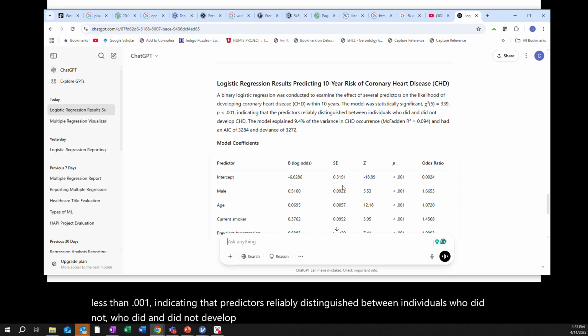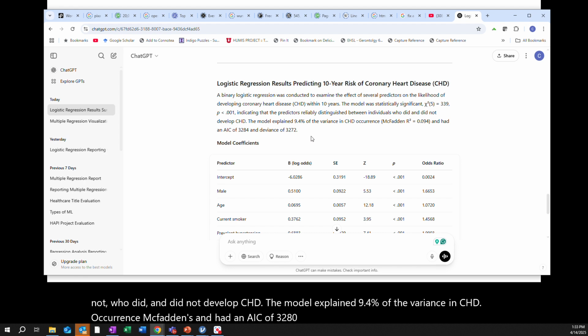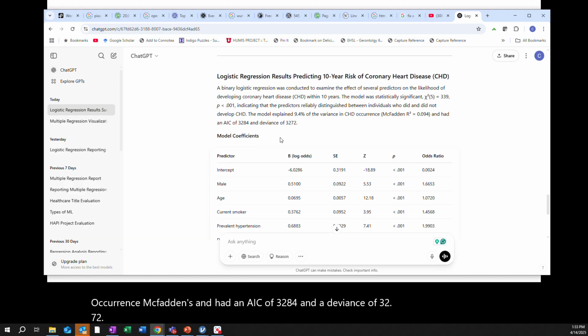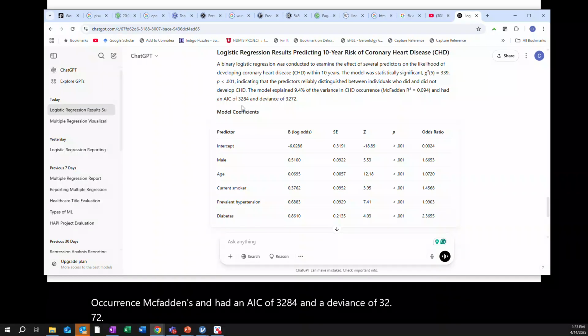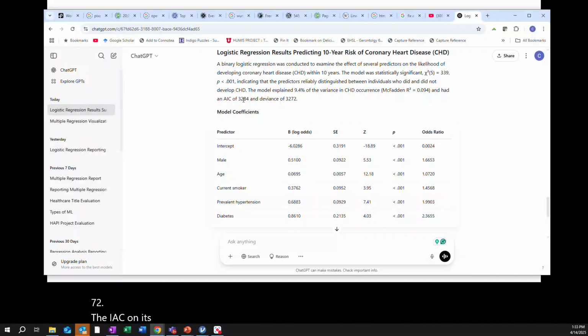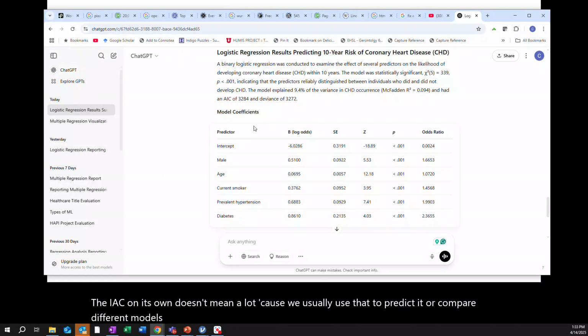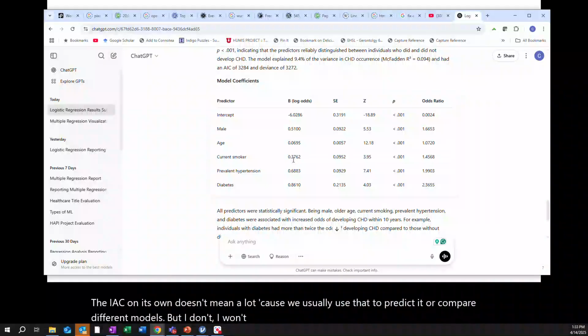The model explained 9.4% of the variance in CHD occurrence, McFadden's, and had an AIC of 3284 and a deviance of 3272. The AIC on its own doesn't mean a lot because we usually use that to compare different models, but I won't quibble with that.